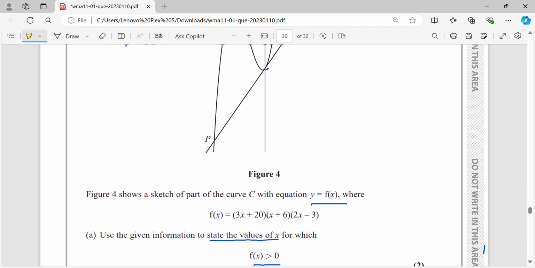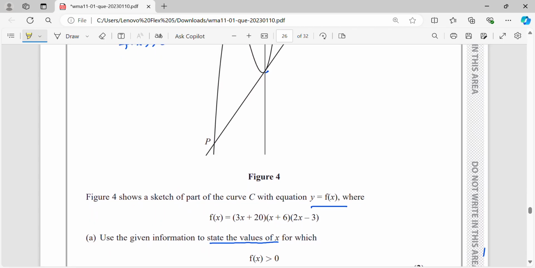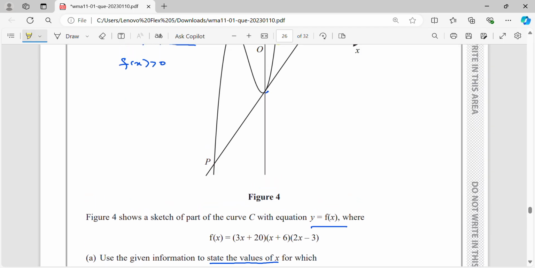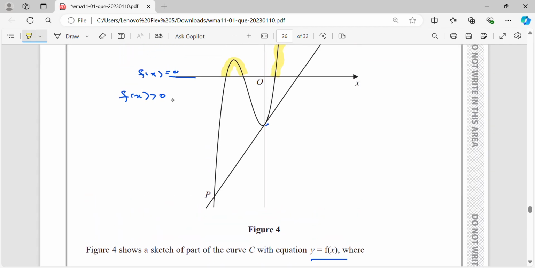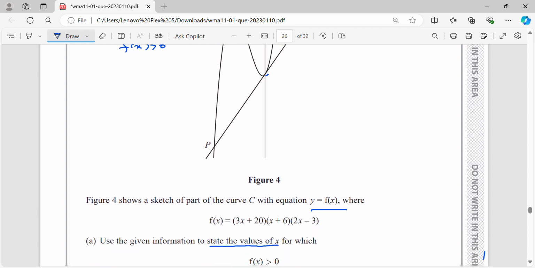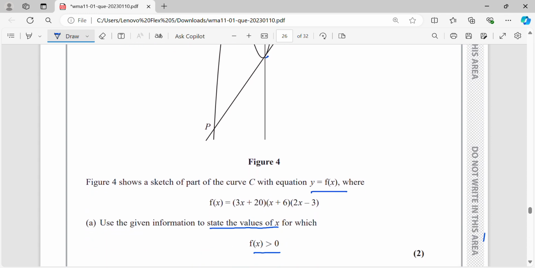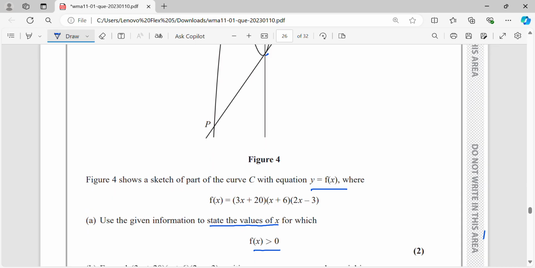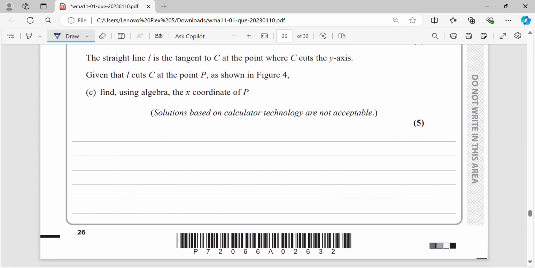First of all, I will find the critical values, the x-intercepts, the values where this curve touches the x-axis, and then I will see what the values above the line are. Let's start solving it.